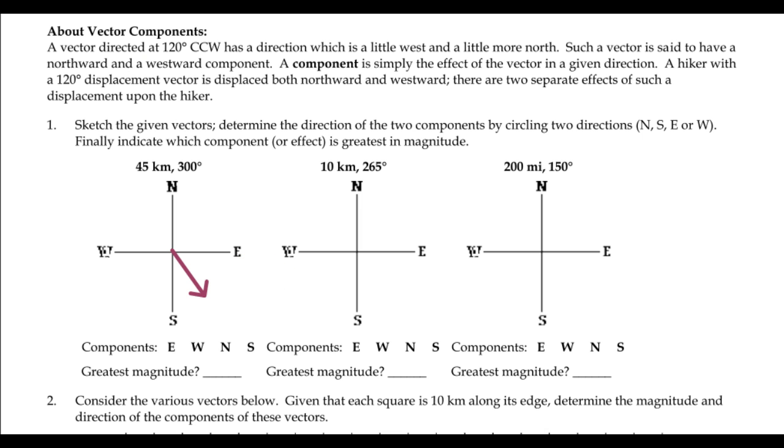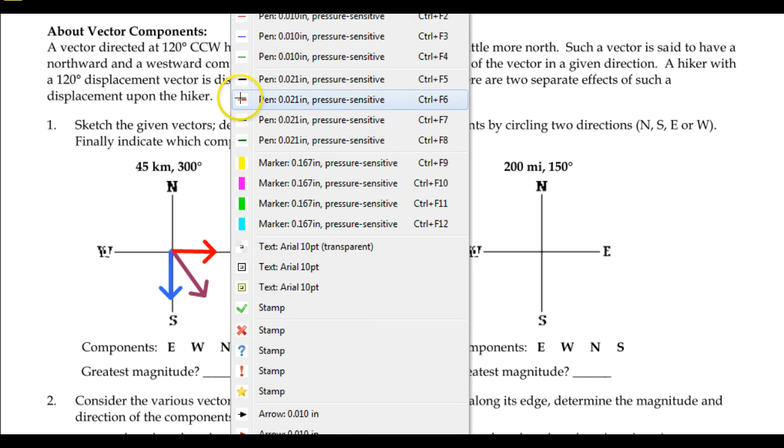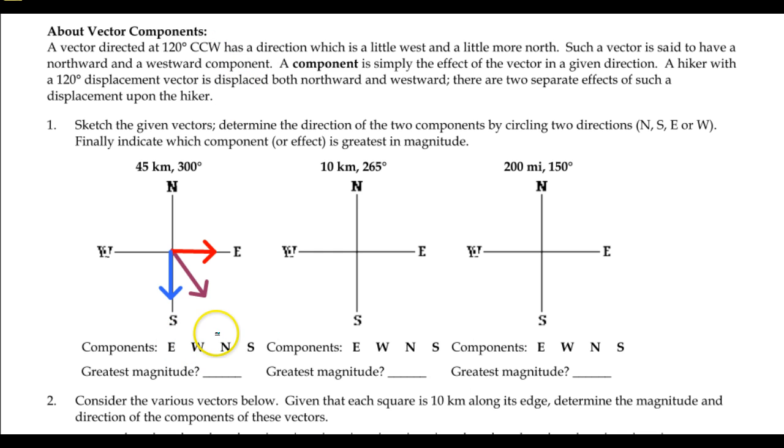Now, that means part of that particular vector goes east, and part of that particular vector goes south. Okay, now if I added the blue and the red, I would get the purple. So in terms of components, I have an eastward component and a southward component.